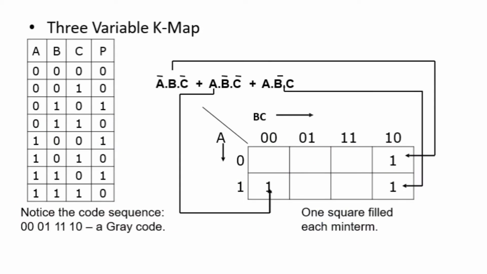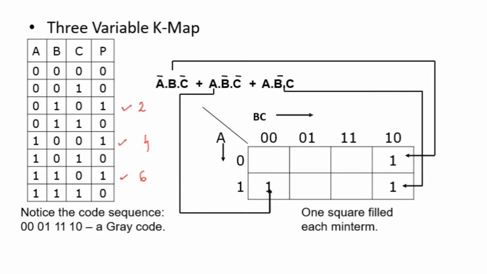Similarly for the three variable K-map, if we look at these terms, there is a 1 at this location. This 0, 1, 0 corresponds to 2. This one corresponds to 1, 0, 0, which is equivalent to 4. This one is equivalent to 1, 1, 0, that means 6. So 2, 4 and 6.